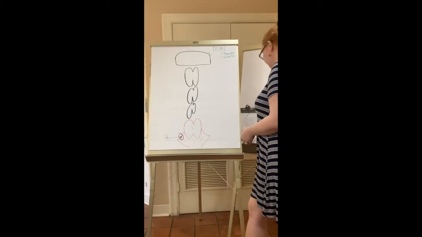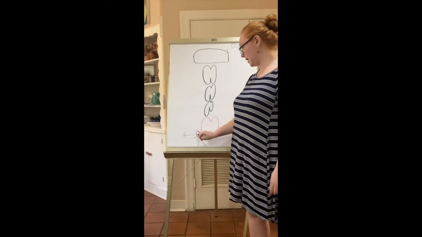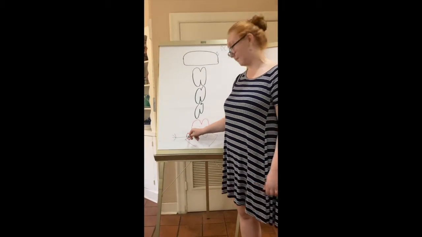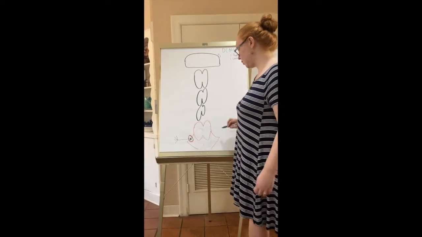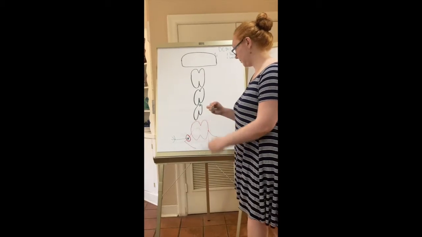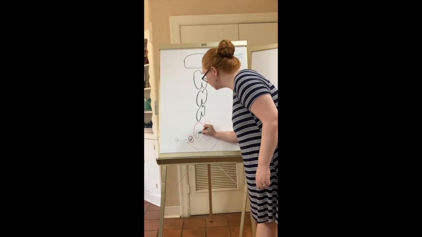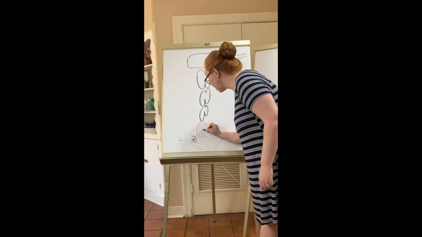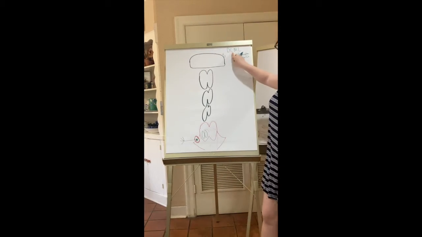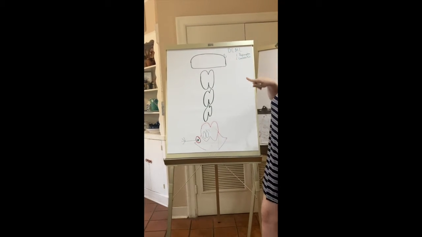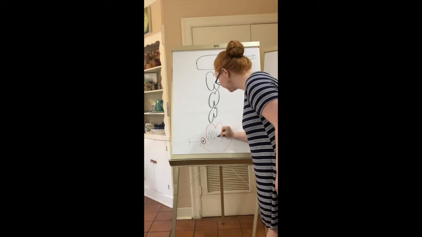So we have our first order neuron right here. Now, its axon is going to travel to a very specific portion of the spinal cord. So I'm going to draw two dorsal columns. And look, here we go. DC, dorsal columns. These are very important in understanding how this pathway works.